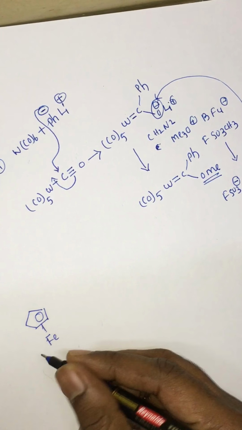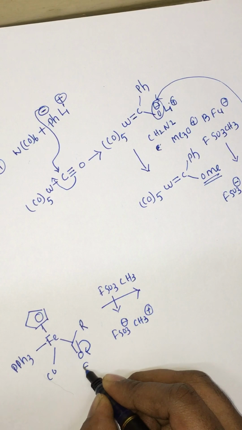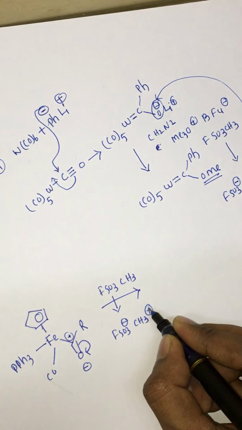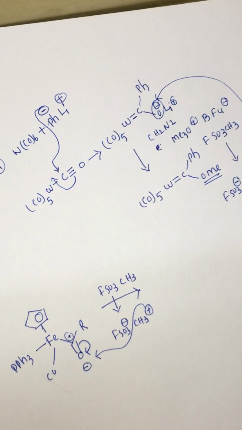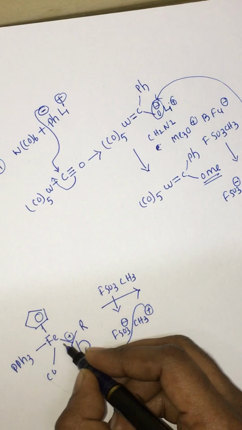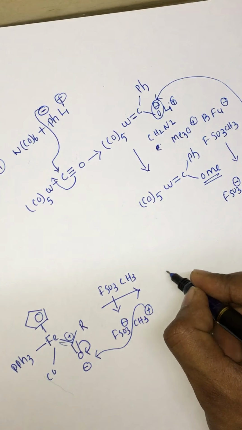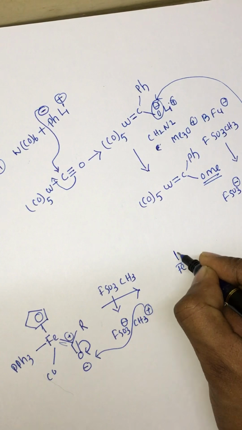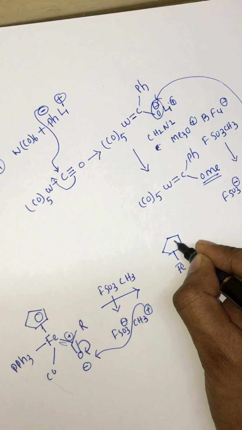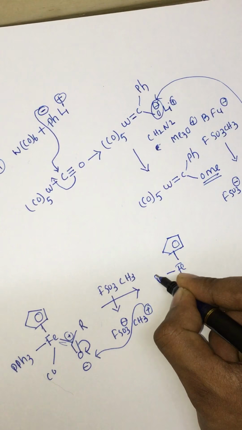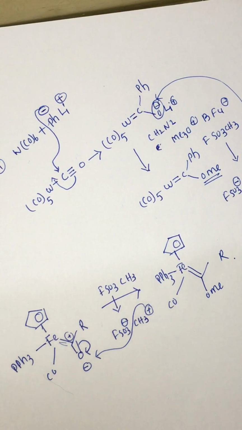And here the polarization will be towards this side. Here negative charge comes, here positive charge comes, and this F minus comes and attacks here. And there is a development of a double bond here, so that finally we will end up with the Fischer carbene, PPh3 CO, OMe R. So these are the two methods to synthesize the Fischer carbene.